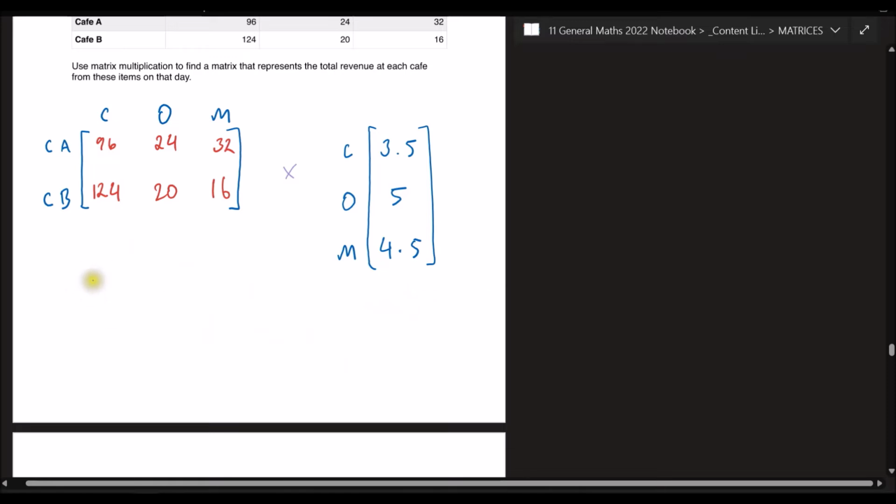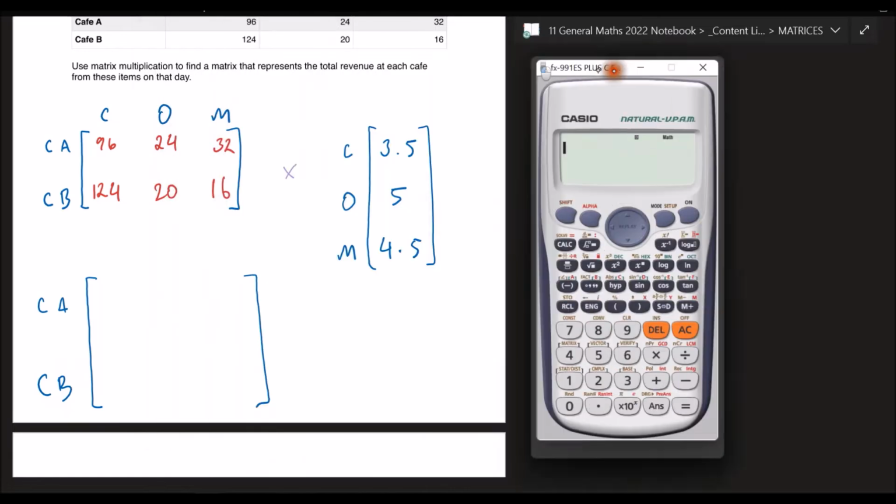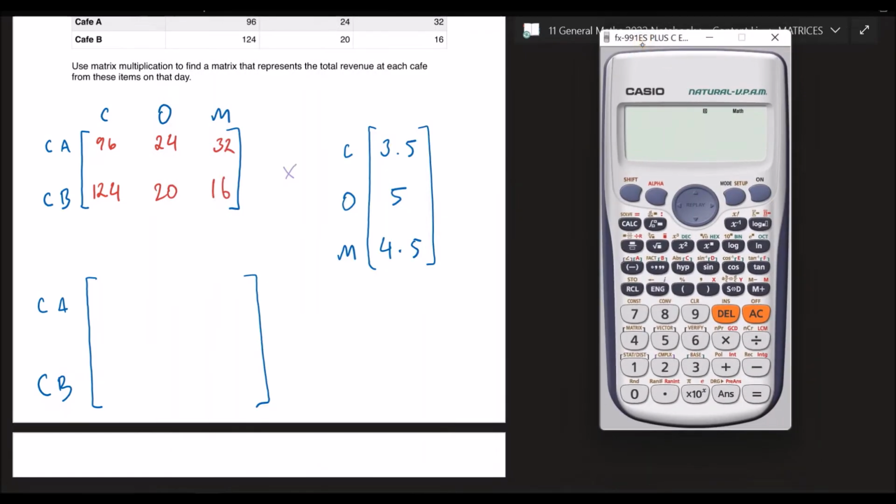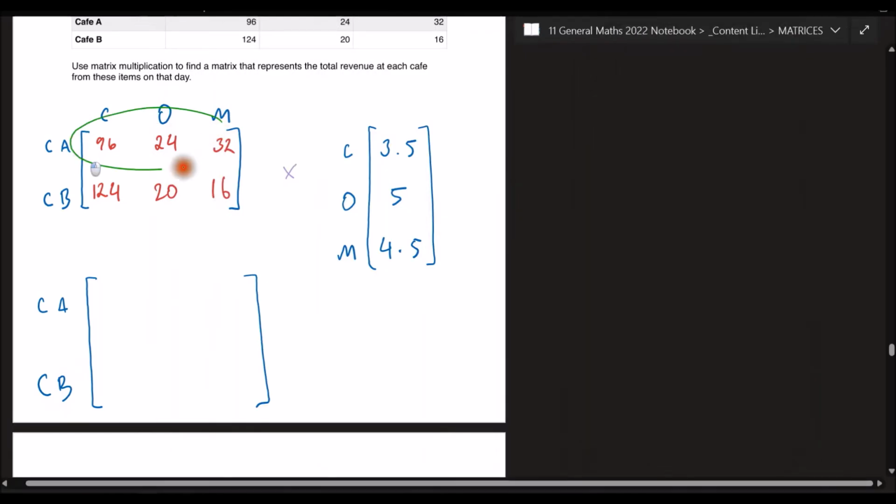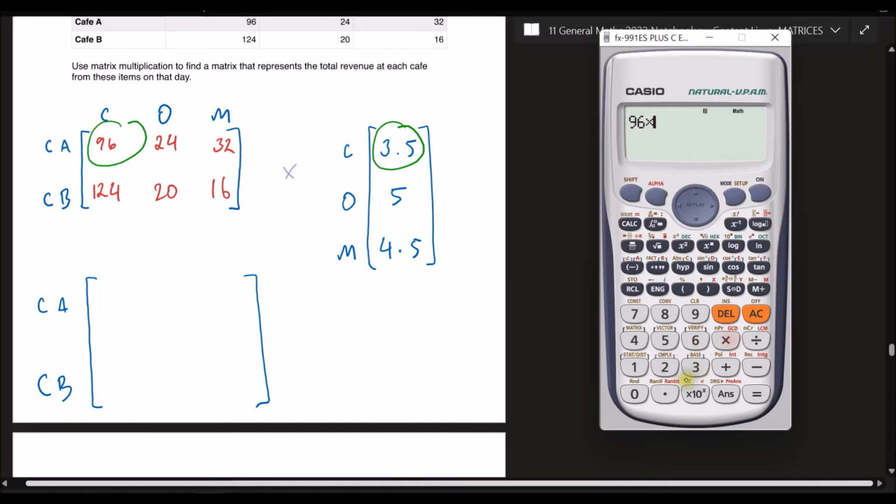All right, so give yourself space. 2 rows, 1 column. That's CA, CB. I'll rip out my calculator for this because these numbers are big. So the first one, first row, this column. It's going to be 96 times 3.5. Technically, you'd probably be able to do this on your calculator, so it'll be a lot easier.